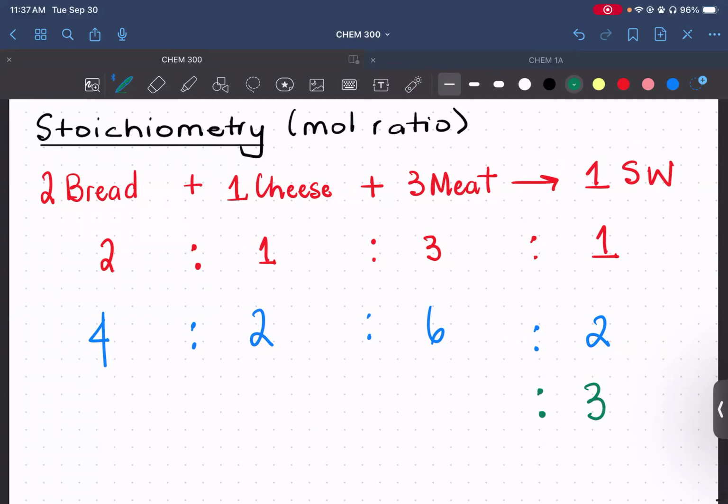We can foresee the future. We know to make 3 sandwiches, we're going to need 6 slices of bread, 3 slices of cheese, 9 slices of meat. So the idea behind stoichiometry is we're able to make predictions about one ingredient or chemical based on information about another.